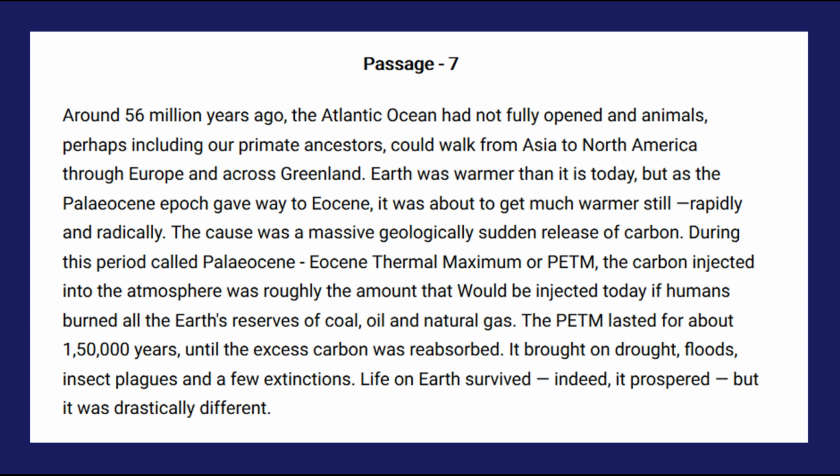The PETM lasted for about 150,000 years until the excess carbon was reabsorbed. It brought on drought, floods, insect plagues, and a few extinctions. Life on Earth survived. Indeed, it prospered, but it was drastically different.